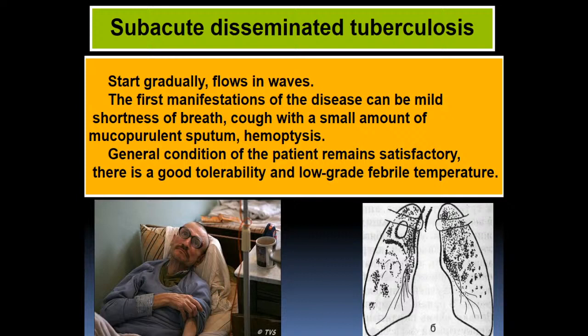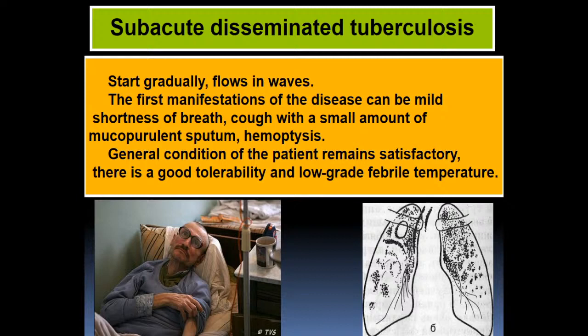This form of tuberculosis starts gradually and flows in waves. The first manifestations of the disease can be mild shortness of breath, cough with a small amount of mucopurulent sputum, and hemoptysis.